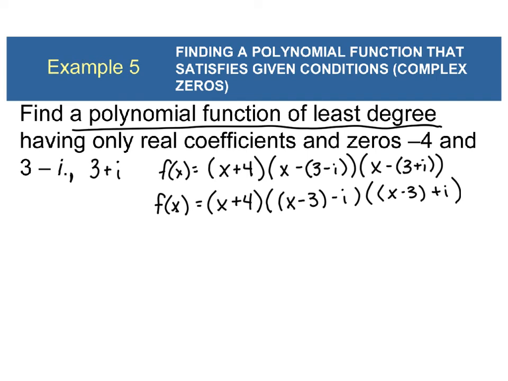Now, when we multiply these last two factors, what we're going to do is multiply together the first two terms and the last two terms. With conjugates, that's all you have to do. You don't have to FOIL. You just multiply the first two terms and the last two terms together. And this is what we're going to get.